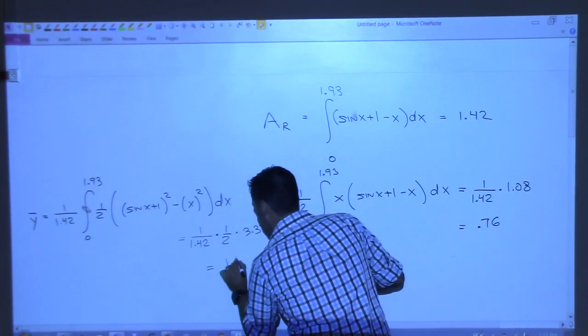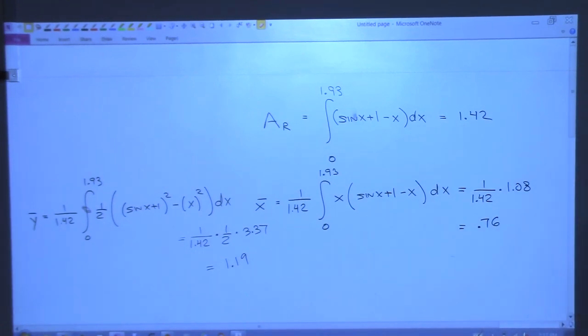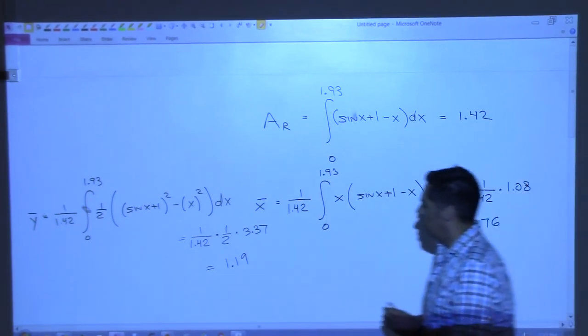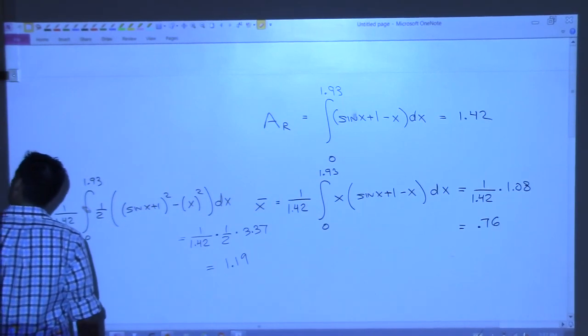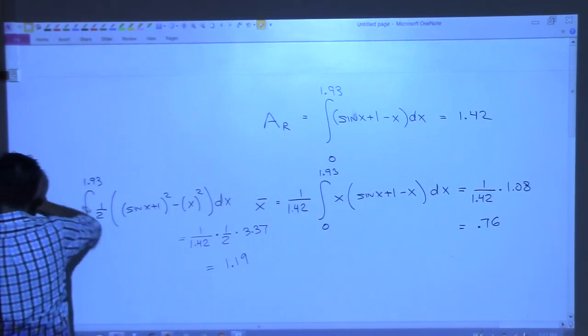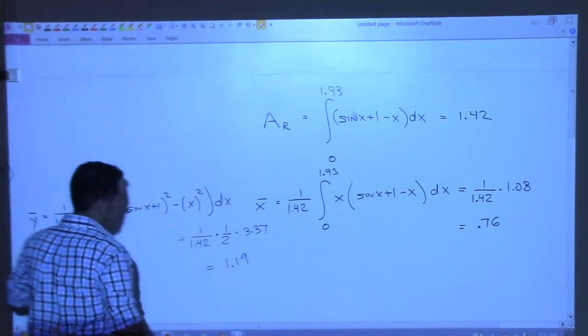Okay. 1.19. And, yeah, is that all right? So if I go back and look at that graph again, our centroid is 0.76 and then 1.19.